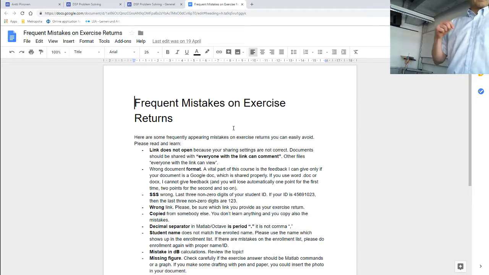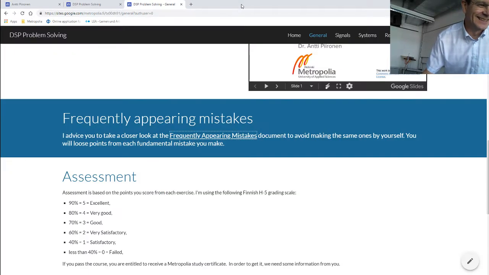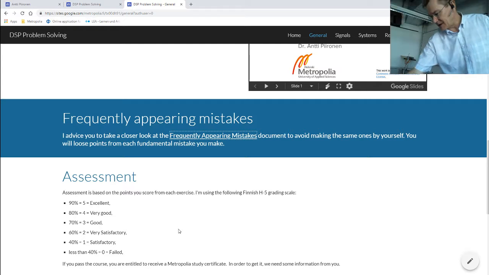One good way of missing points is that the link does not open because the sharing settings are not okay. Very simple mistake to make. I do it sometimes myself. I already lost 1 point because the previous website didn't open for you. But anyways, that's the kind of frequently appearing mistakes you should be aware of.